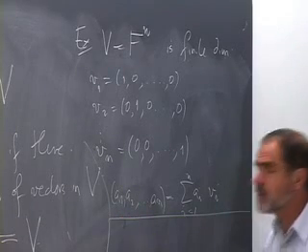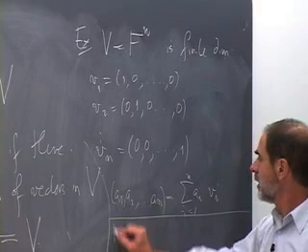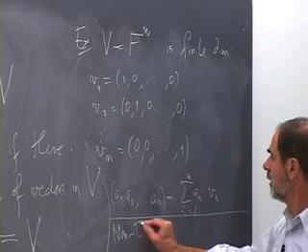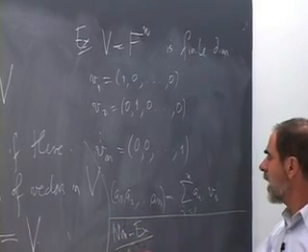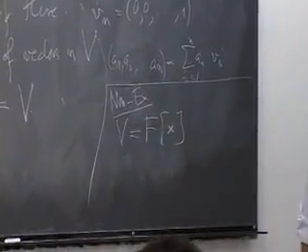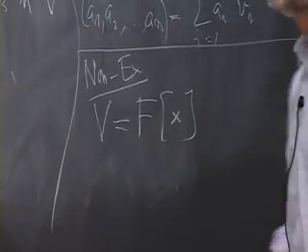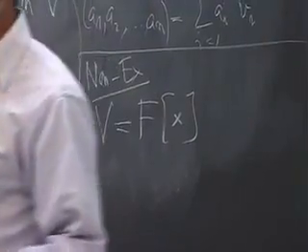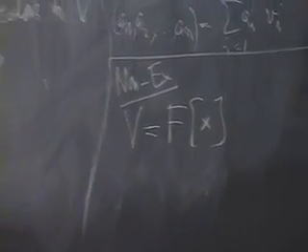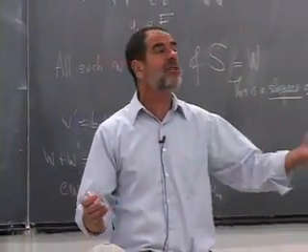A non-finite dimensional vector space, or we might say infinite dimensional vector space, non-example, is the polynomials in X with coefficients in F. There is no way that you can get any polynomial as a linear combination of a finite number of them. Because if you have a finite set of polynomials, one of them has the largest degree.